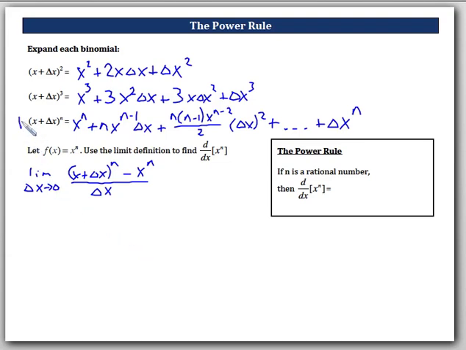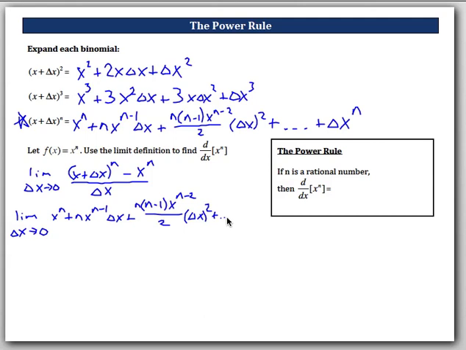All right, now we've already done this expansion up here, so we're just going to rewrite this entire thing for x plus delta x to the nth power. So we have the limit as delta x goes to 0. We have x to the nth plus n x to the n minus 1 delta x plus n times n minus 1 x to the n minus 2 over 2 delta x squared.